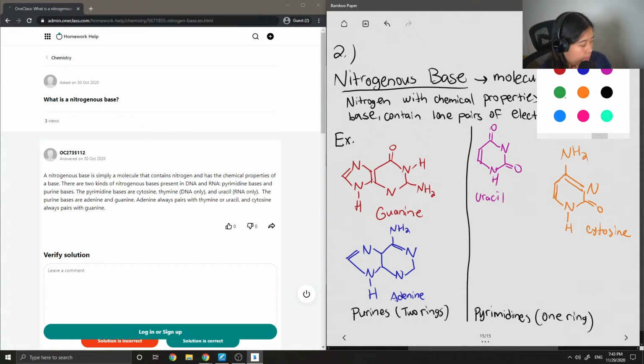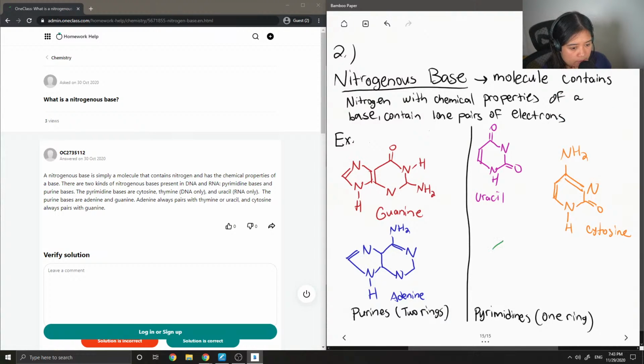And lastly, you can have thymine. Okay, so these are all examples of nitrogenous bases.